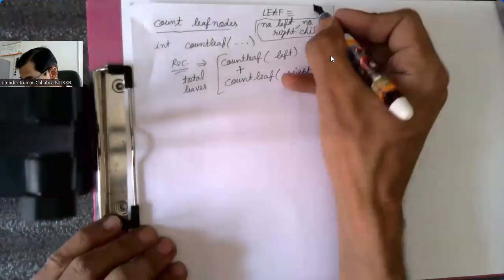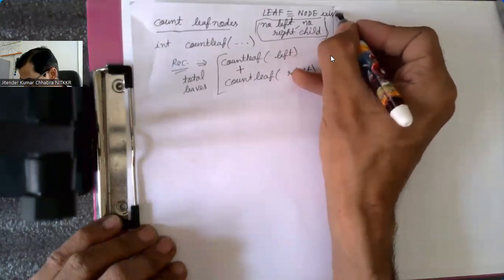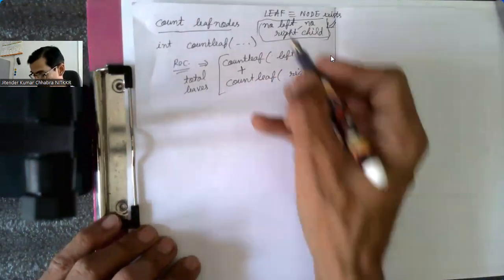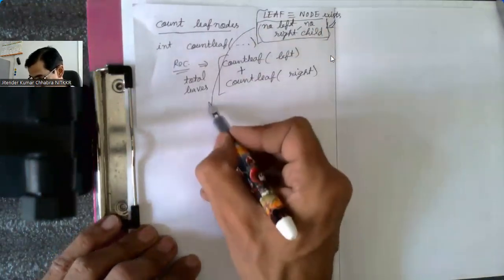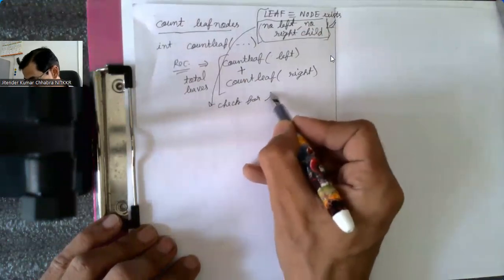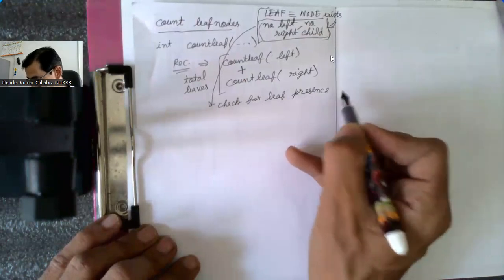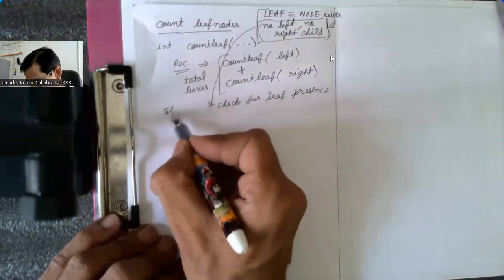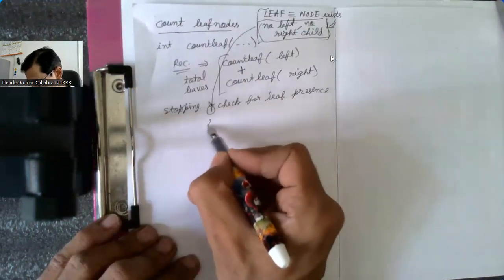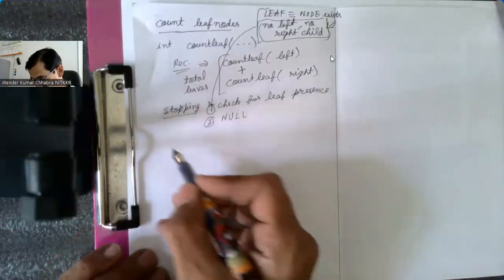Leaf means node exists, and it has no left and right child. So this will be used to check for leaf presence as stopping criteria. And leaf presence obviously means no further recursion needed, and null also can be there. So both will be the stopping criteria in this case.